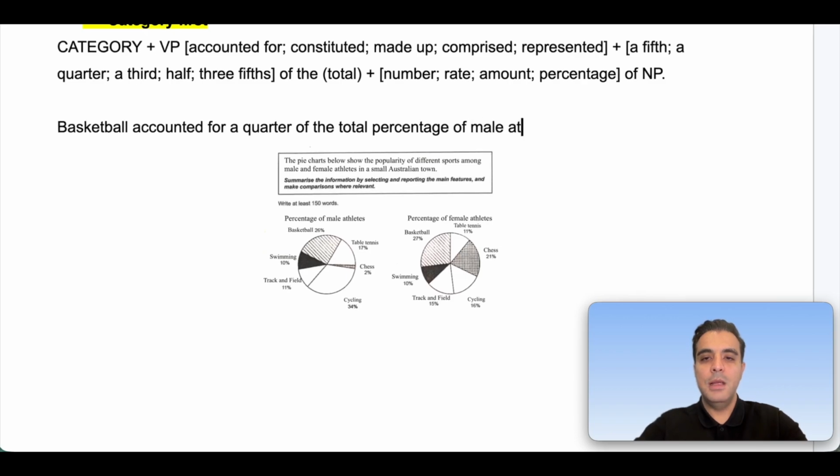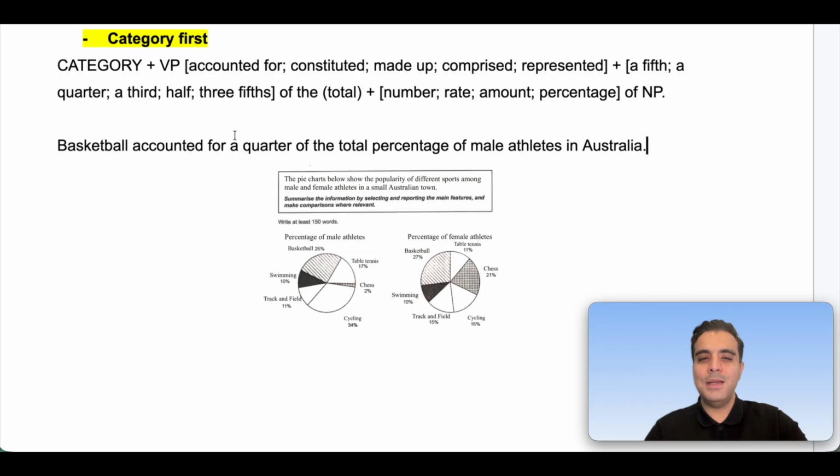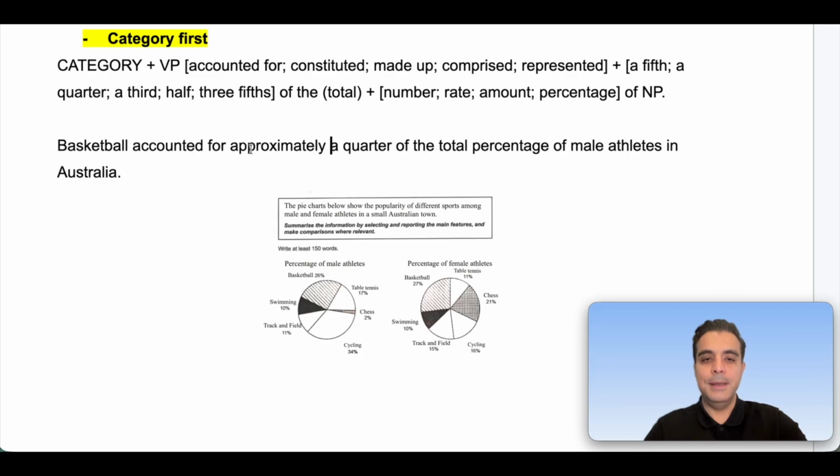So male athletes in Australia. Now, here you might say, well, it's not exactly a quarter, right? It is a little more than a quarter. It's 26% rather than 25%. So here I can use a word like approximately, right?